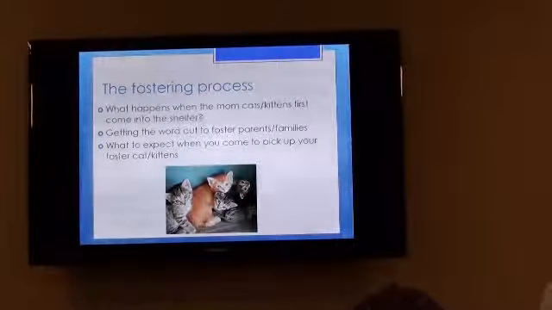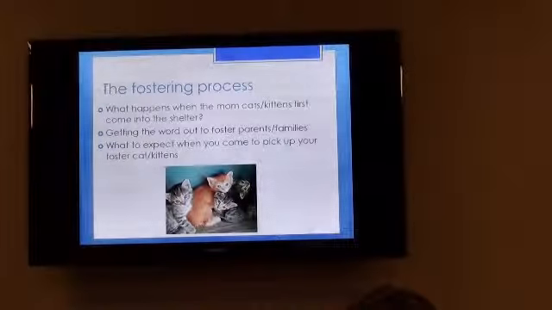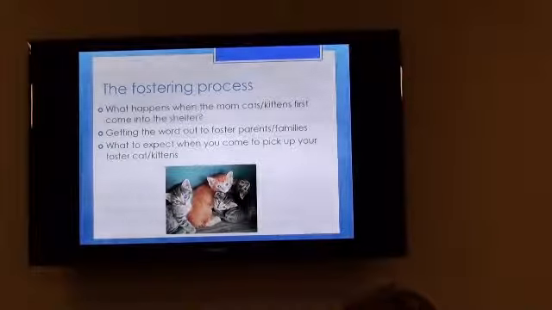And I give all the information that I know about the cats or the kittens, their personality, their health, what they look like, where they came from, if they seem to be shy or scared or aggressive, if we can tell if they get along with other animals like dogs or cats.